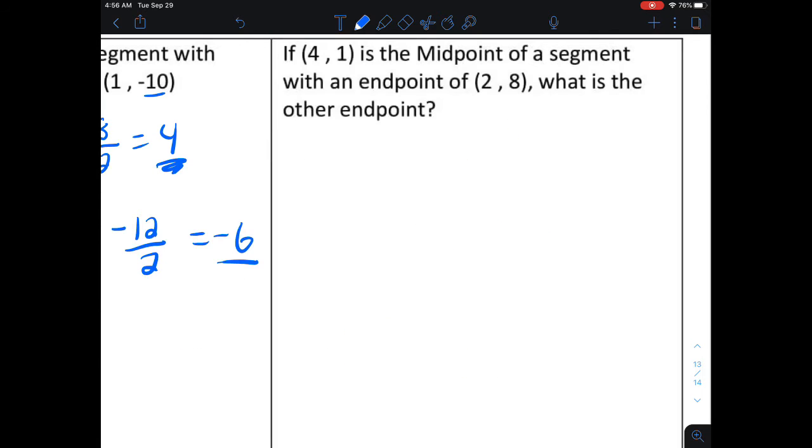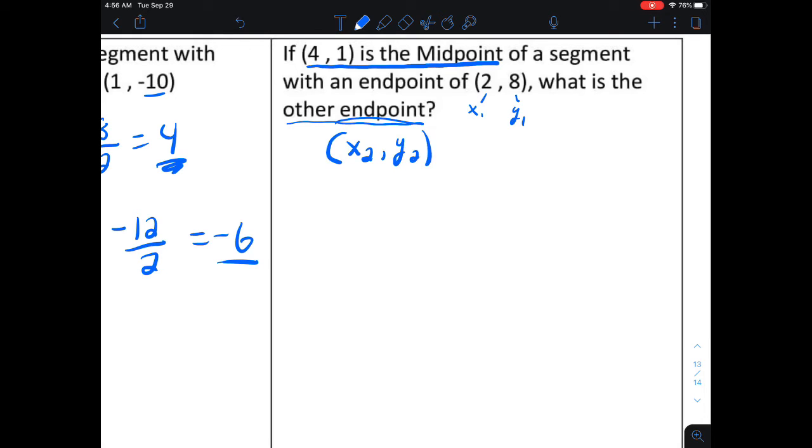Now this one we are given some different kind of information. I'm actually given the midpoint and I want to find the other endpoint here. I know that one endpoint is 2, 8. So I know that I have an x value and a y value, and I just need to know what the other endpoint is. We'll let the other endpoint be x2, y2.